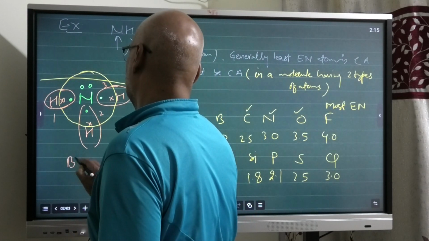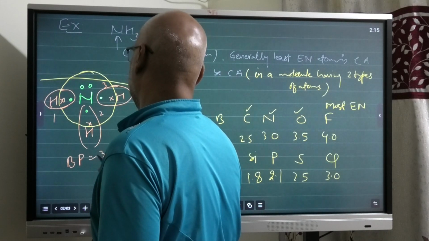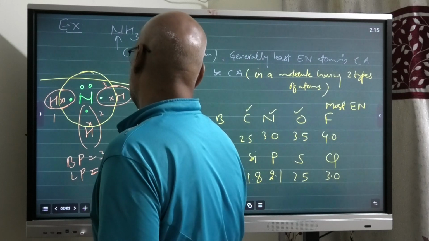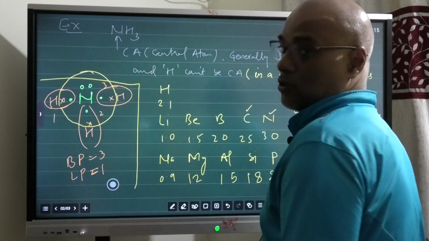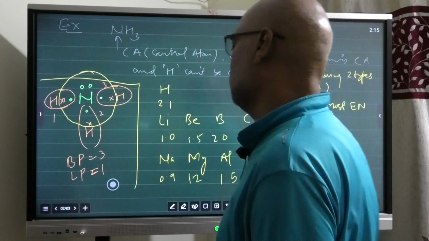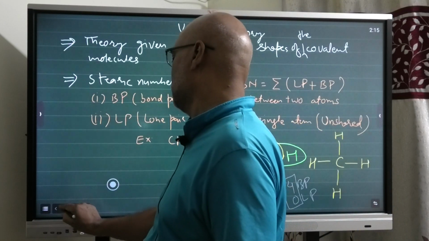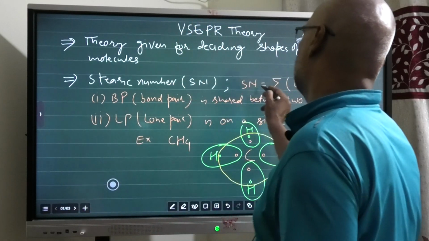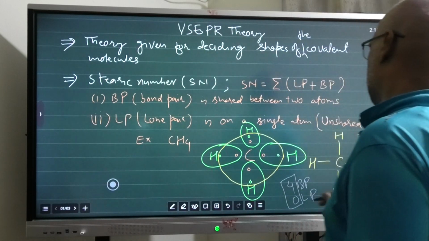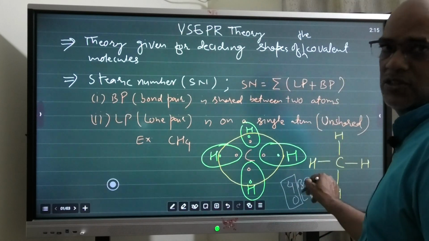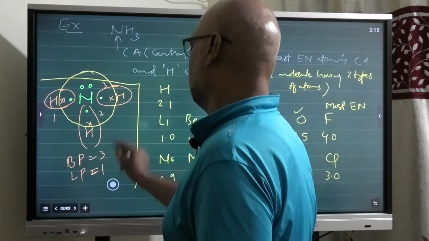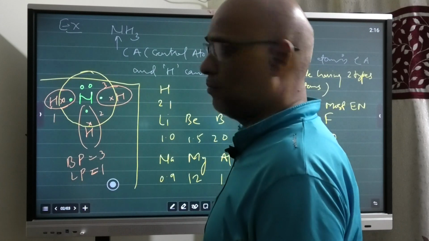So bond pair is equal to 3 and lone pair is equal to 1. Okay. So what is the steric number that we have learned previously? Steric number is summation of the lone pair plus bond pair. So in every case, here the steric number is 4, 4 plus 0, it is 4. Second case, it is also steric number 4, 3 plus 1.